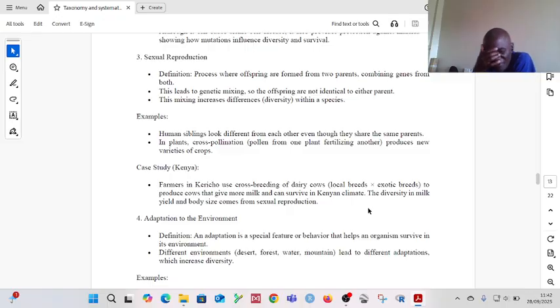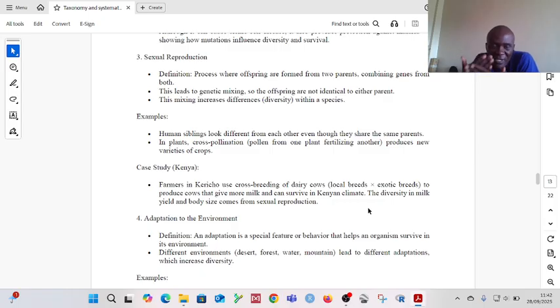The other cause of differences is sexual reproduction. Sexual reproduction is where two parents combine their genes so that they form an offspring who doesn't look like any of them. If you remember in high school, there was something called crossing over. Okay? So through crossing over, which happens in fertilization, that process is what leads to the genetic mixing.